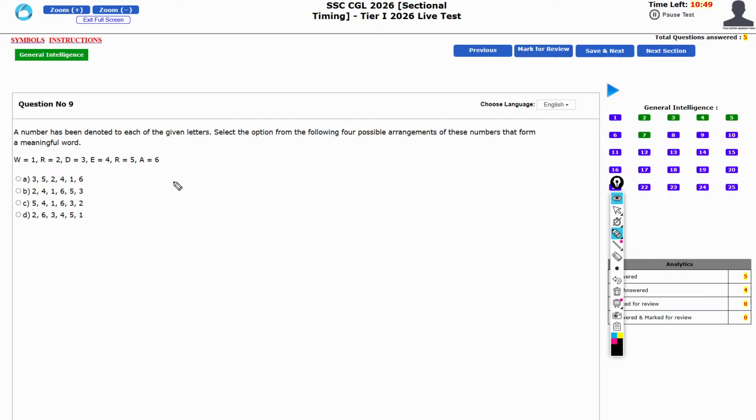Meaningful word, right? So 3, 5, 2, 4, 1. I think drawer, D R A W E R. So 3, 5, nowhere.